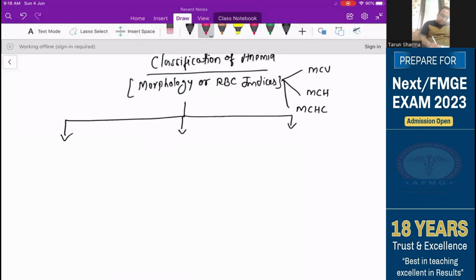The first will be microcytic hypochromic anemias. The second category will be normocytic normochromic anemias.